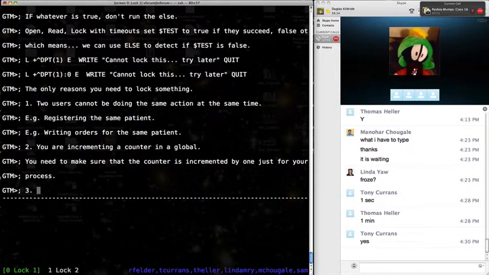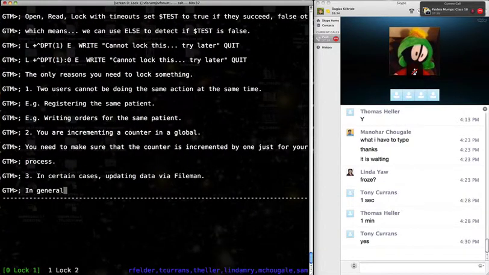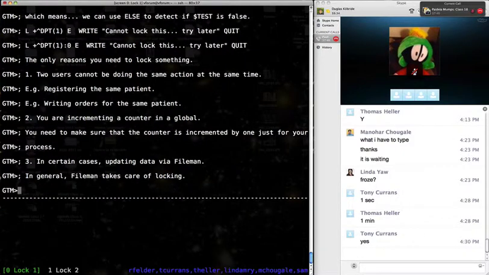Three, in certain cases, updating data via FileMan. Now, in general, FileMan takes care of locking for you. Remember, FileMan has to do a lot of low-level operations in MUMPS.